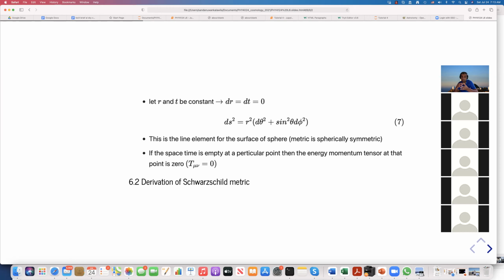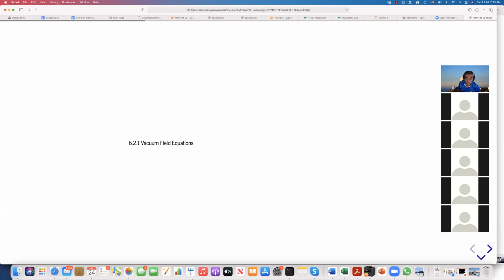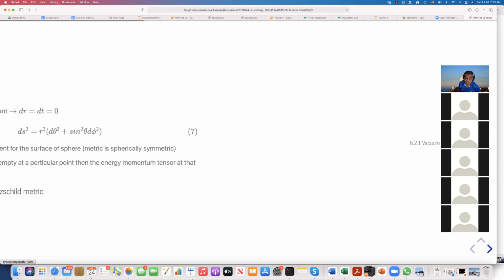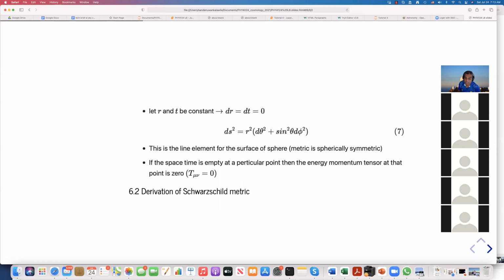Now, having all this information with you, let's see how we can derive this Schwarzschild metric. That will be our next task. We have defined the form for the metric, but we don't know up to now what A and B are.